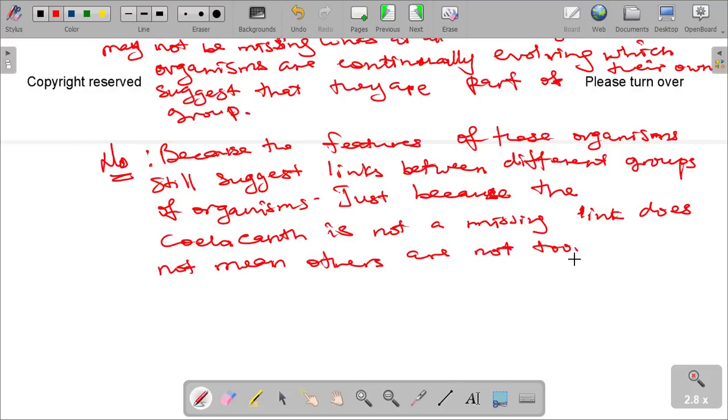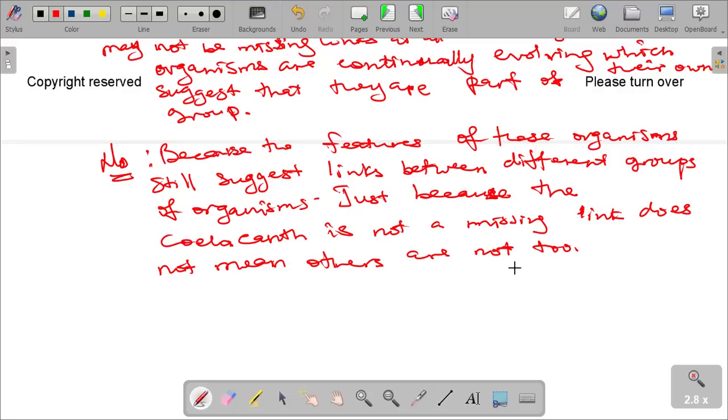So we are saying there are different options that we can give to say no to this. We can say no because the features of these organisms still suggest links between different groups of organisms. Just because the correlate is not a missing link does not mean others are not too.